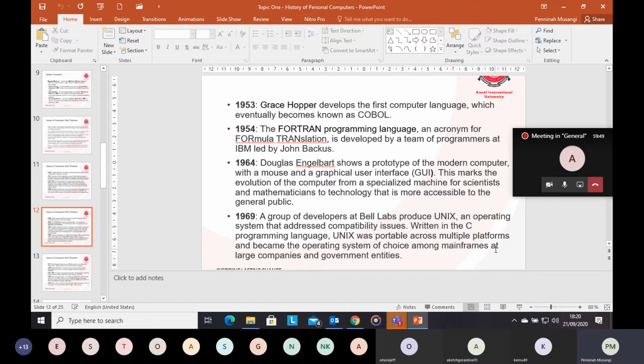But now, in 1969, these developers produced a standalone operating system called Unix, meaning that you could buy the hardware, or the shell, let me call it the shell, then buy an operating system and use it on your computer. So the issue of compatibility was addressed by this group of developers when they came up with Unix.